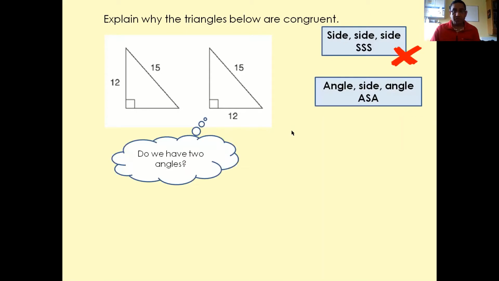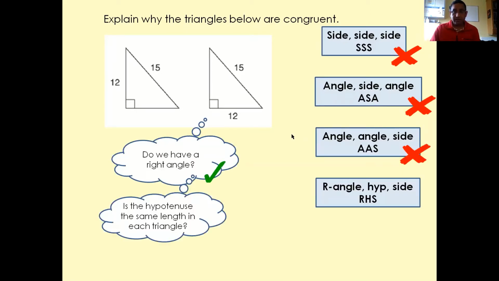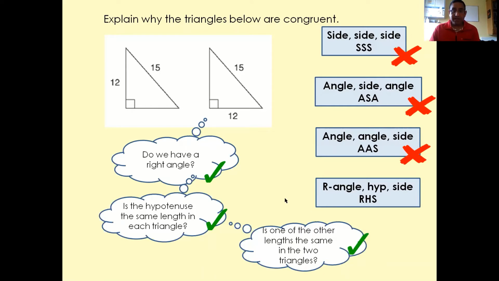That is the rule exclusively for triangles with right angles: right angle, hypotenuse, side. The way you're going to write that answer in the exam: the triangles are congruent due to RHS.